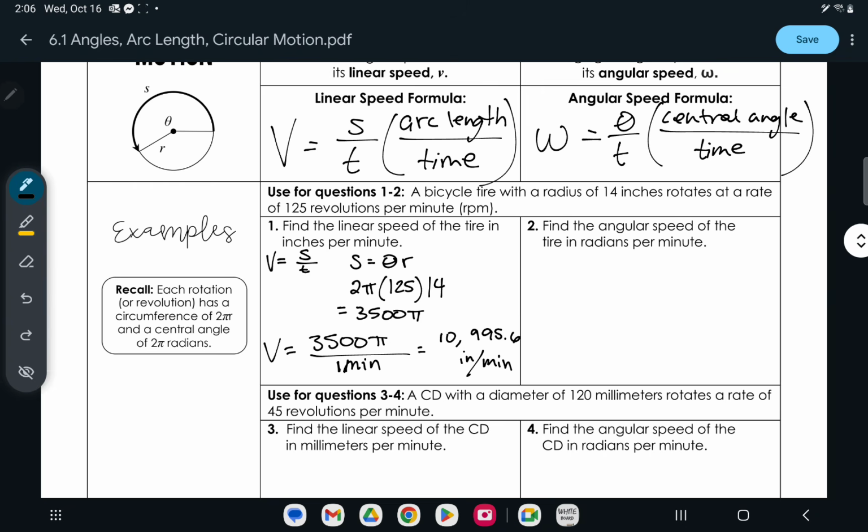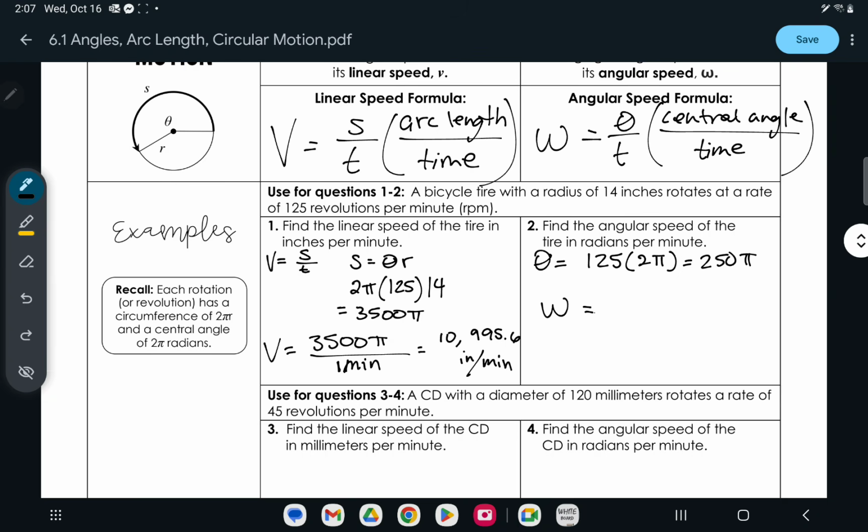Let's look at the angular speed. So find the angular speed. So theta is going to be the 125 revolutions, so times 2 pi. So that's going to give me 250 pi.